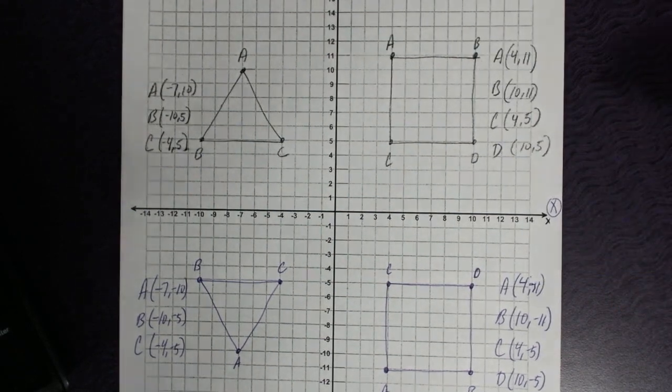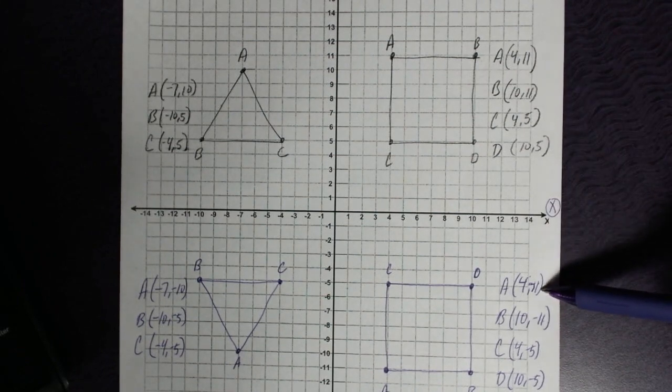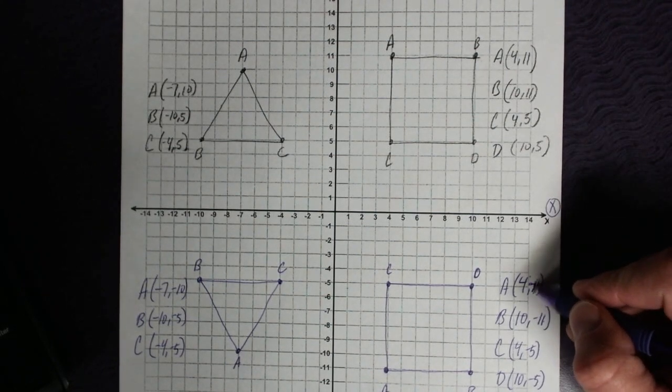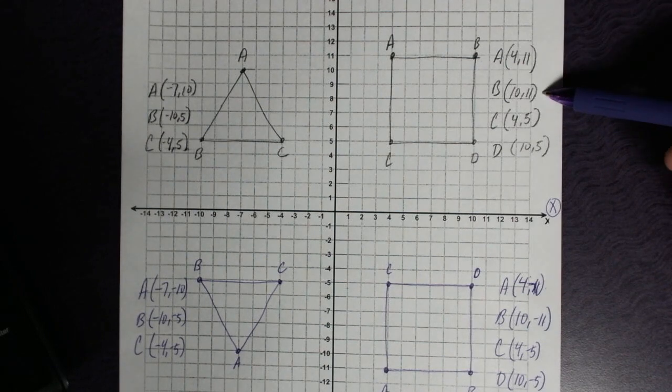Now let's look at our coordinates. The coordinate for A is positive 4, positive 11. When we reflect it, it stays 4, but the y changes to a negative 11. B is 10, 11.